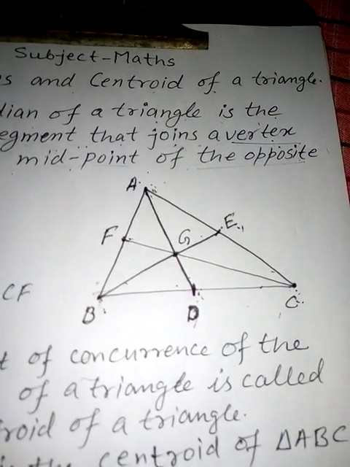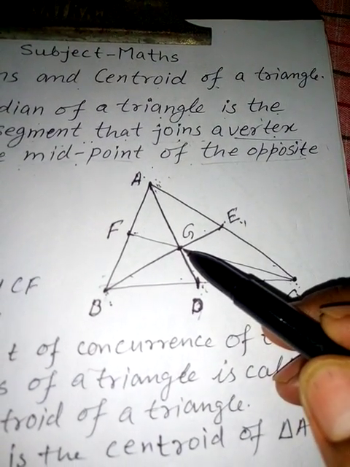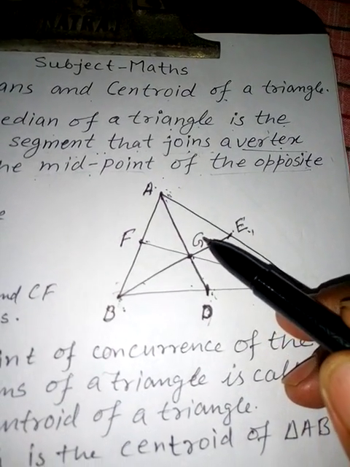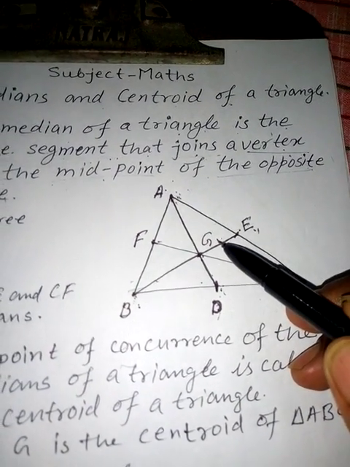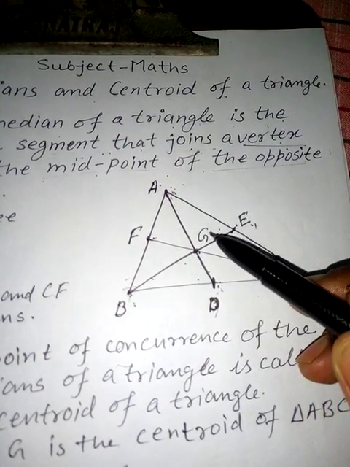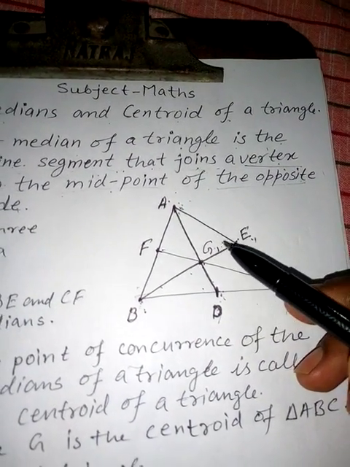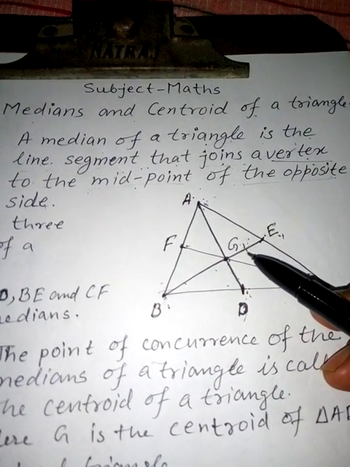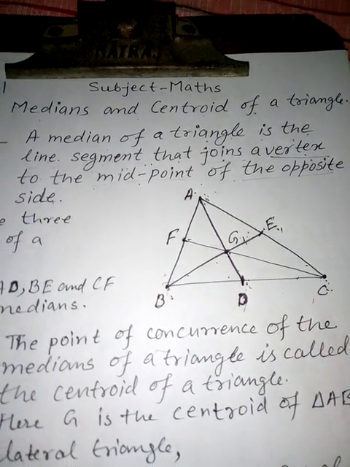All these medians meet at a point, intersect together at a point, that is G. You can also say that all the medians are concurrent at G. That point of concurrence is called the centroid of the triangle.